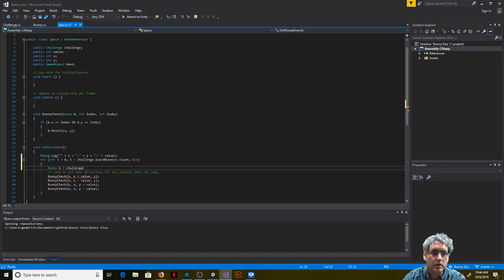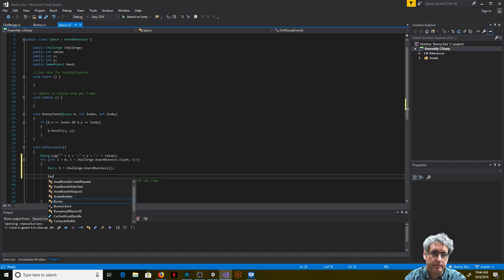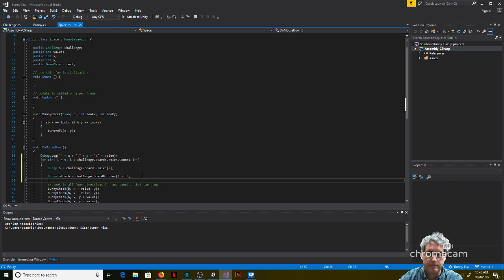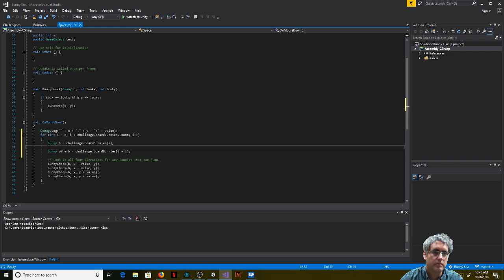Equals challenge board bunnies i. Okay. That would be equals challenge board bunnies 1 minus i. There we go. So we got 2 bunnies here. Much better. Now I can talk about the other bunny's direction. Where should I do it?